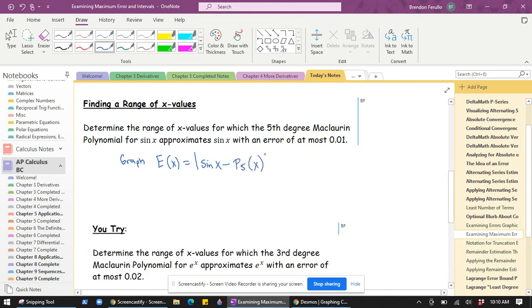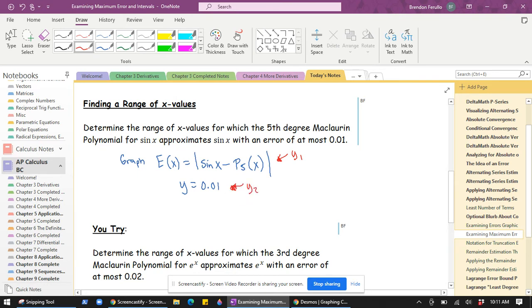Okay, and this is going to go into, like y1 if you're using a graphing calculator. And then we're also going to graph the horizontal line y equals 0.01. Graph that in like y2.